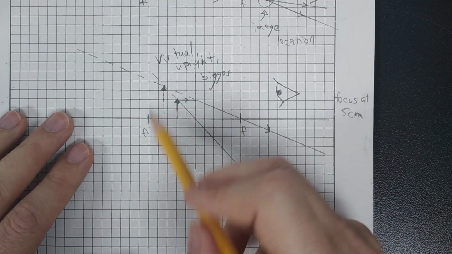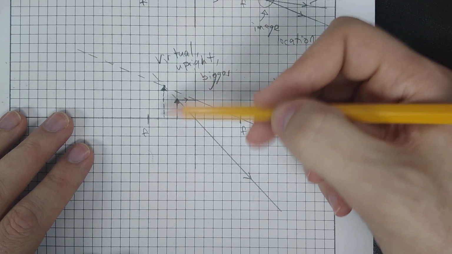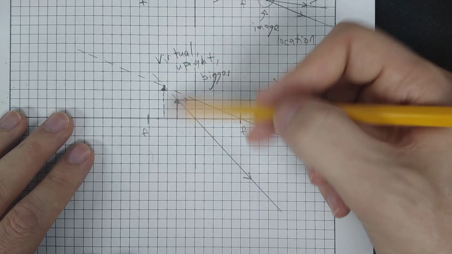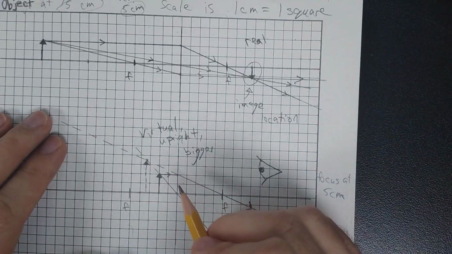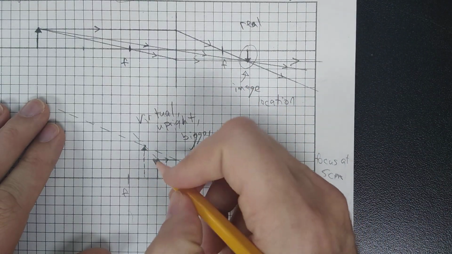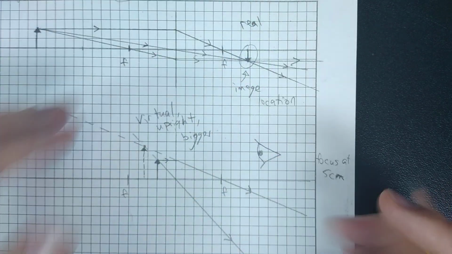Here, there is no light rays passing through this location. We could not put a screen behind the lens and have this image show up on the screen, right? It's not actually there. It's just something that you can see virtually by looking through this, but it's not an actual thing that you could put your hand there and see the image on your hand.